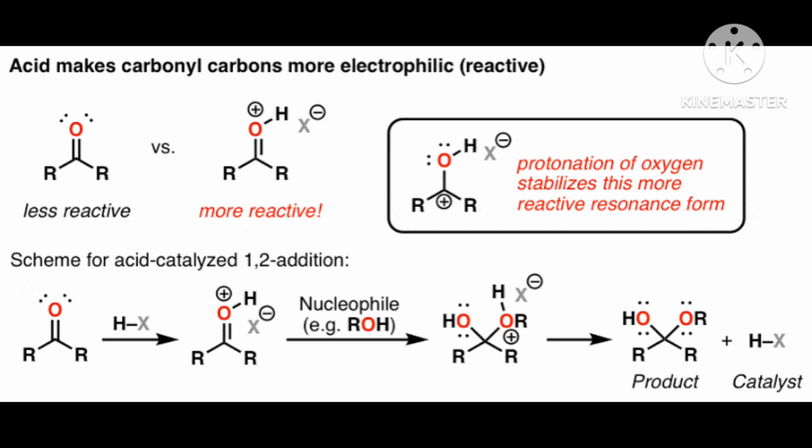H plus will go to the negative oxygen, and CN minus will go to the positive carbon. Then you will get cyanohydrin, because H plus will go to O minus and CN minus will attach to the carbon. But it will not go directly, it will go through a tetrahedral intermediate.